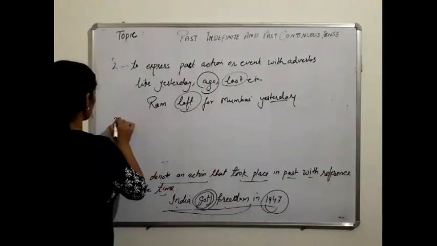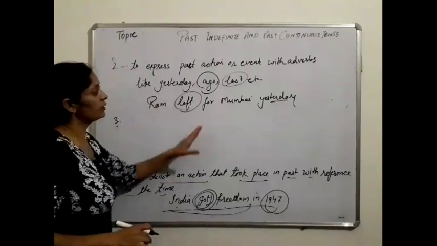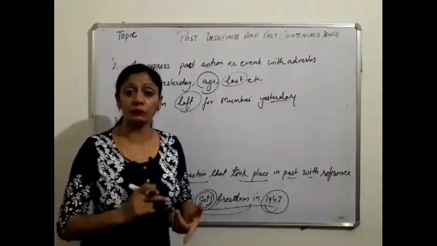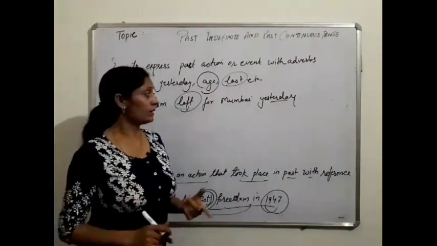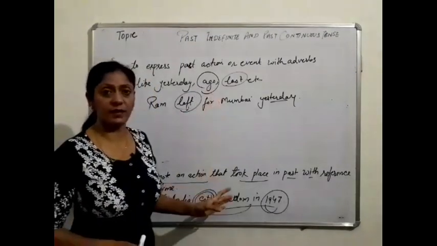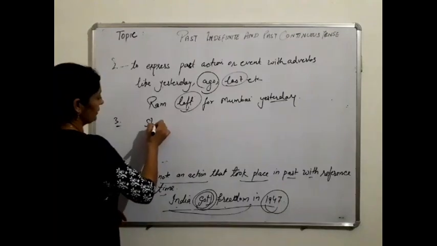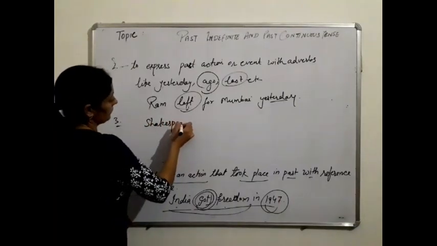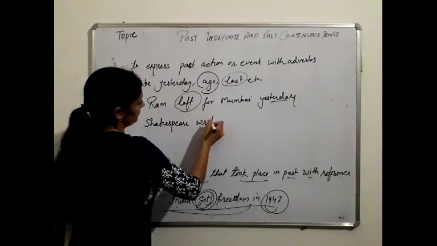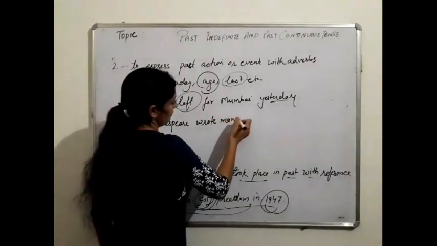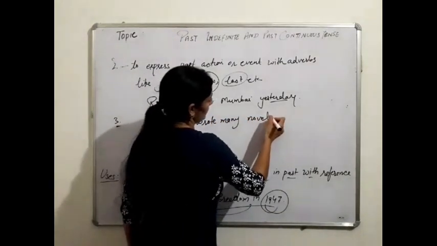Okay. The next one is, sometimes there is no reference of past time but we use it. Remember this, no reference of past time but we use it. For example, Shakespeare wrote many novels.